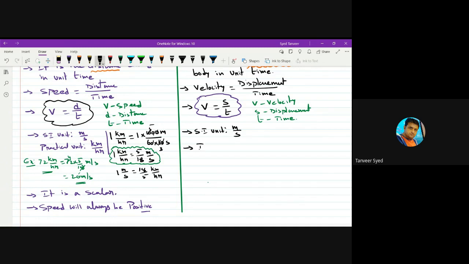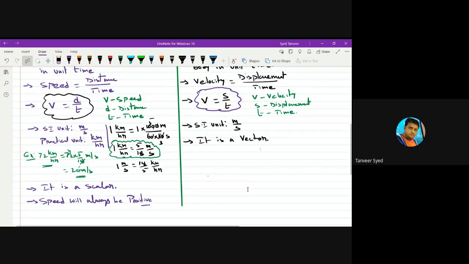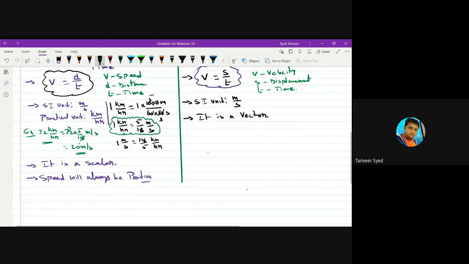But here, velocity is a vector quantity. That means you should understand this difference here. Speed is scalar, velocity is vector.